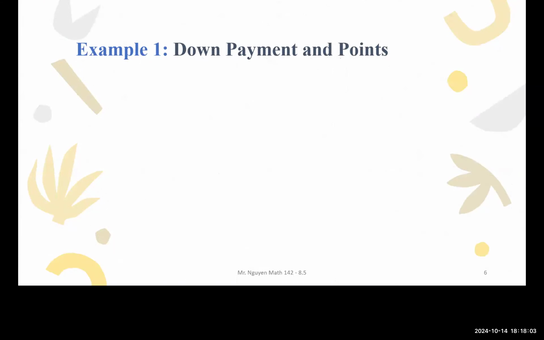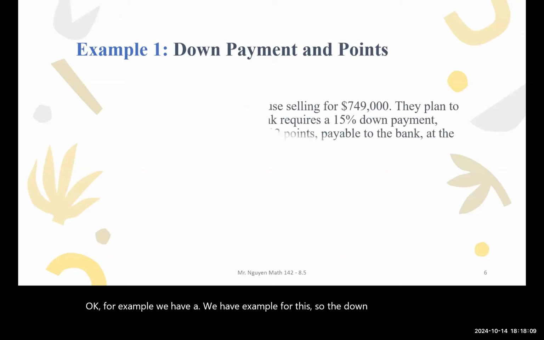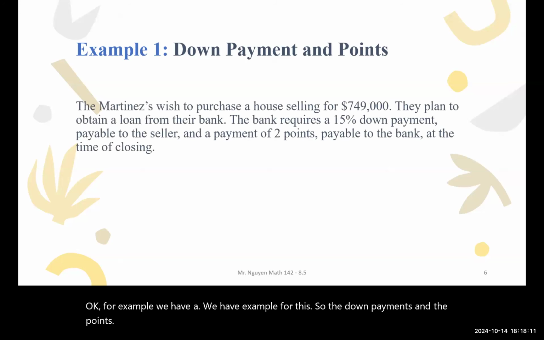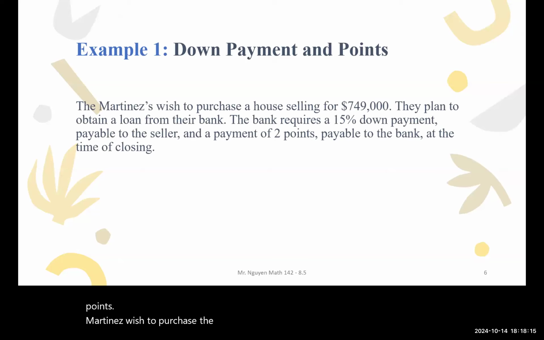Okay, for example, we have an example for this. The down payments and the points. Martinez wished to purchase a house selling for $749,000, and they plan to obtain a loan from the bank.